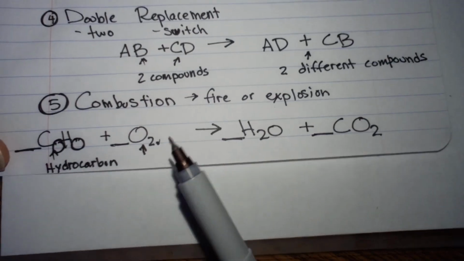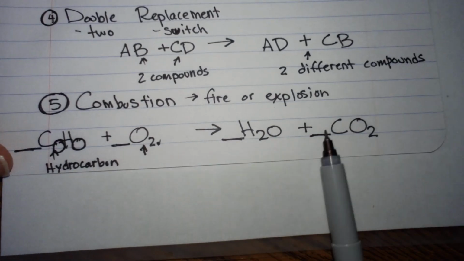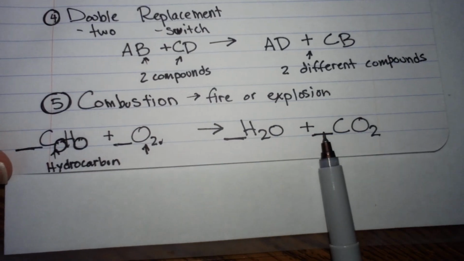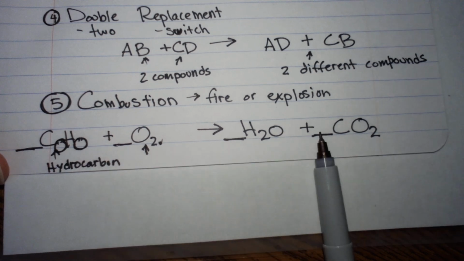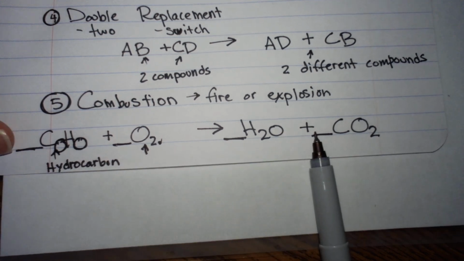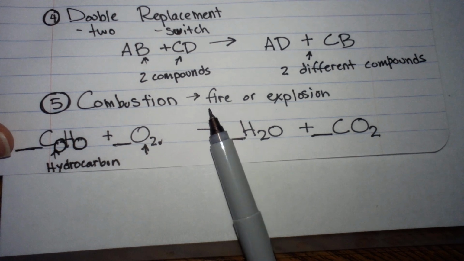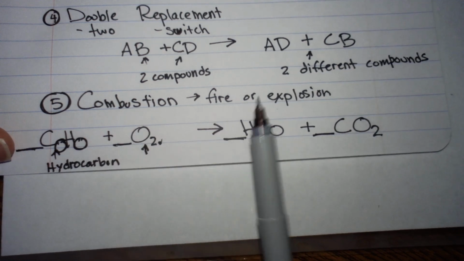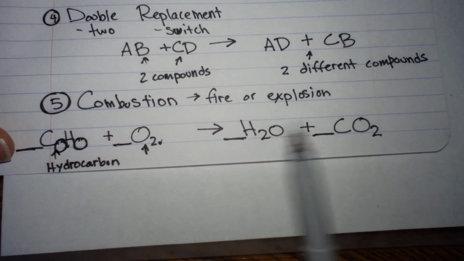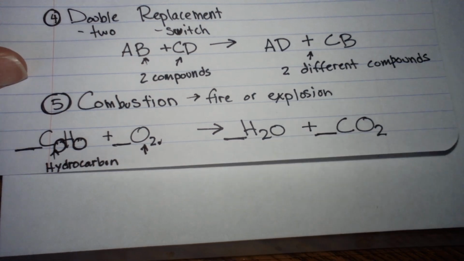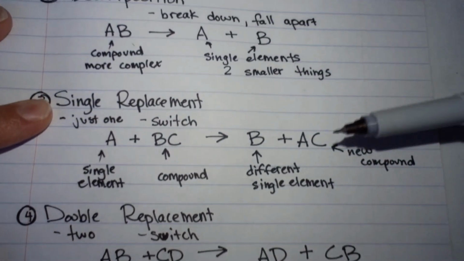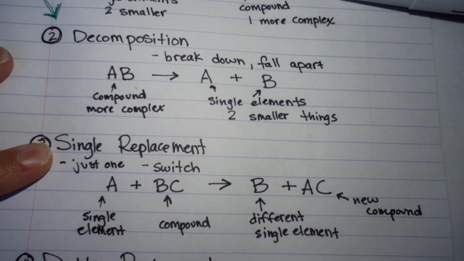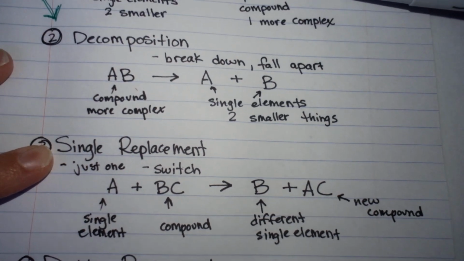And then combustion always ends the same. You guys know couples like that, they always end the same. Either, in this case, a fire, but it's always hydrocarbons and oxygen always end up the same, water and carbon dioxide. So it's kind of an interesting analogy, but it works to help you understand what you're looking at there.